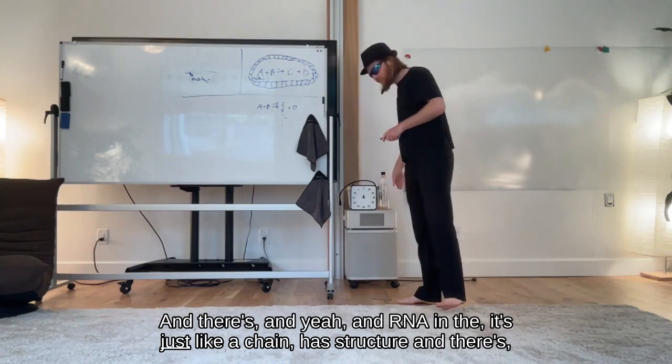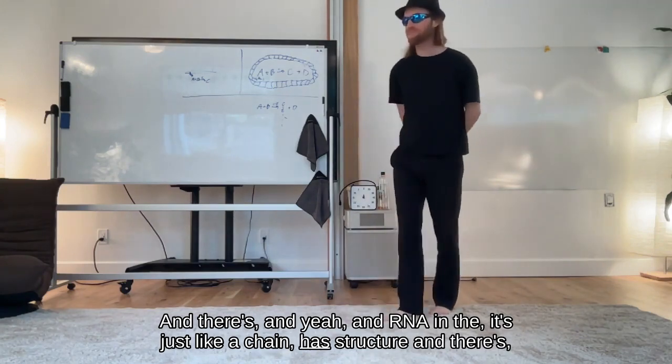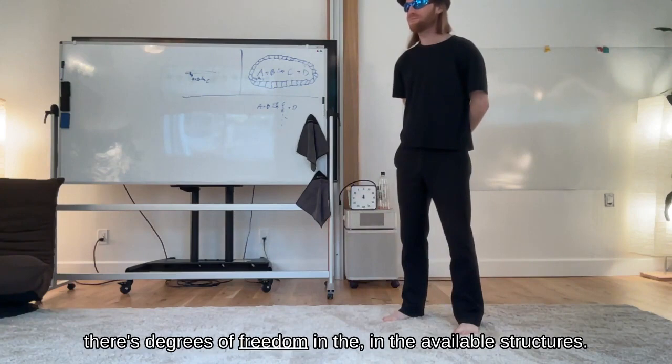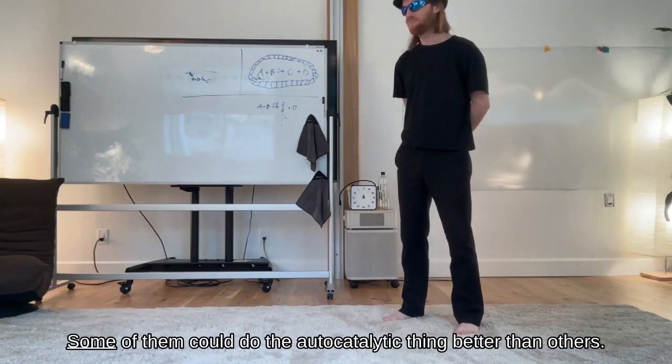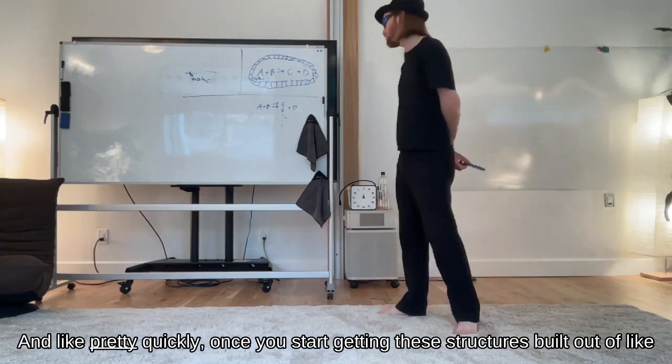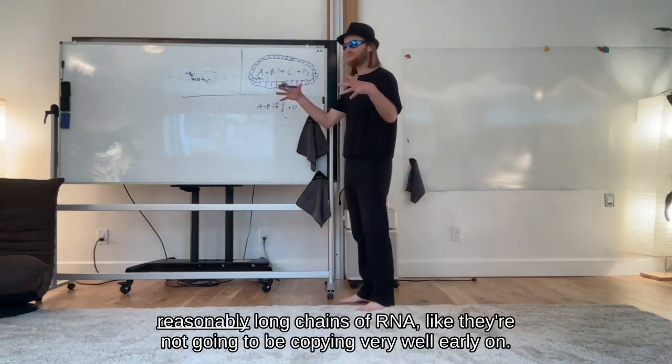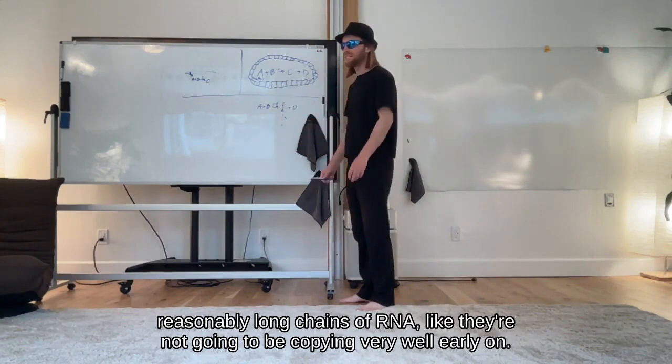RNA is just a chain. It has structure, and there are degrees of freedom in the available structures. Yep. Some of them could do the autocatalytic thing better than others. Yep, and pretty quickly, once you start getting these structures built out of reasonably long chains of RNA, they're not going to be copying very well early on.